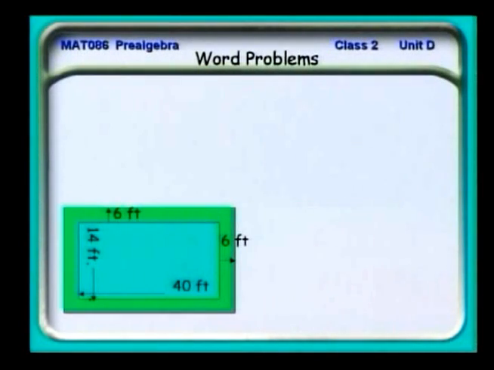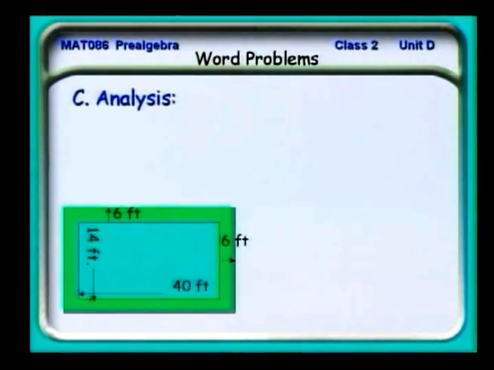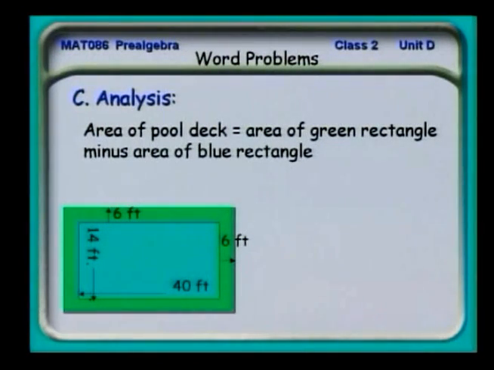Now let's analyze this and see what steps we must take to find the area of that 6-foot decking. We have the area of the pool decking, that's the area of the green rectangle, and the area of the pool is the blue rectangle.